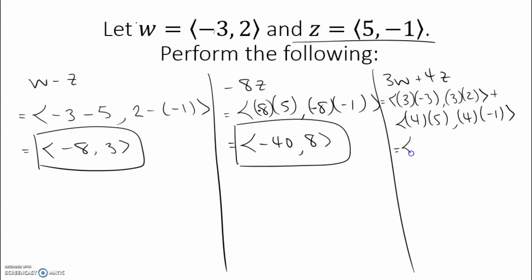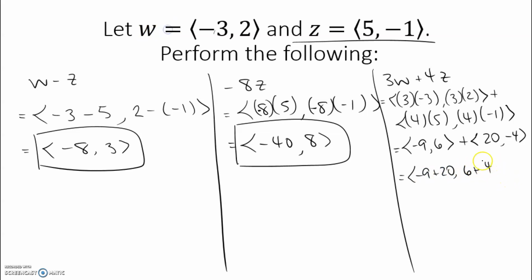So this is negative 9, comma, 6, plus 20, comma, negative 4. Then I add the first components together and the second components together: negative 9 plus 20, comma, 6 minus 4.